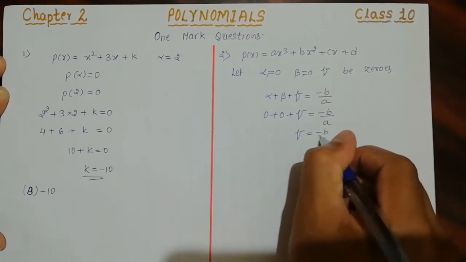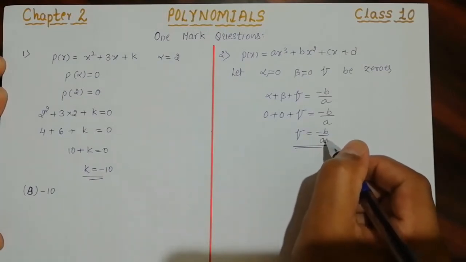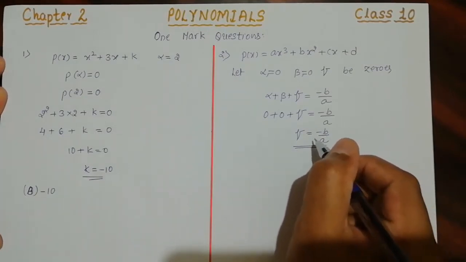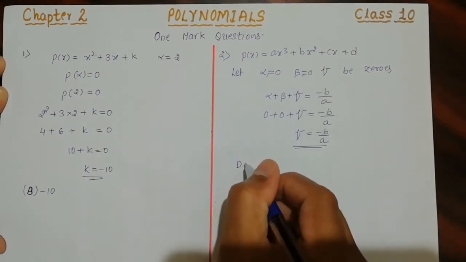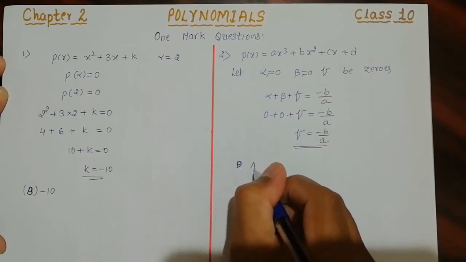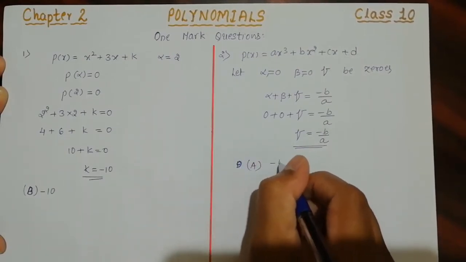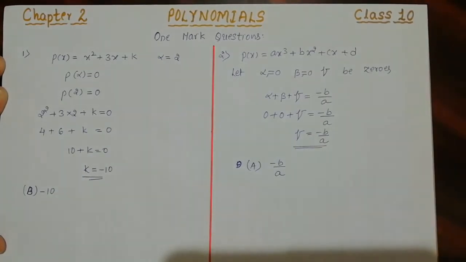Gamma is equal to minus b by a, so the third zero is minus b by a. So the right answer is option A, where it is given that minus b by a. Option A.